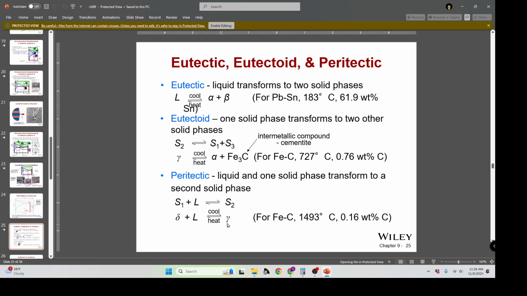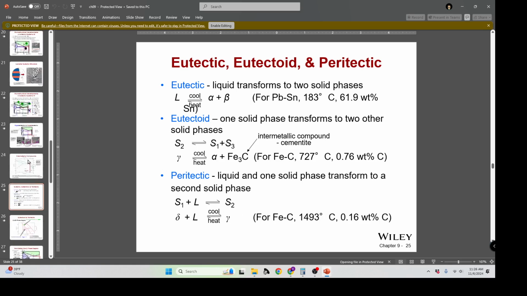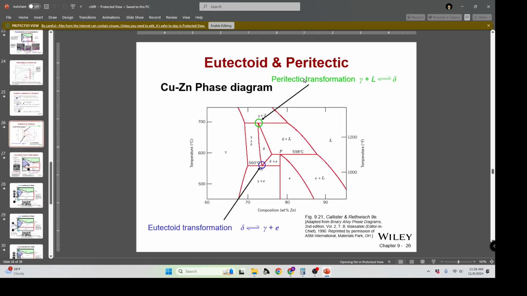So this is a little bit harder to identify, but we see some examples. So we have a peritectic point here where liquid and one solid turn into liquid and a different solid. That's a peritectic point.